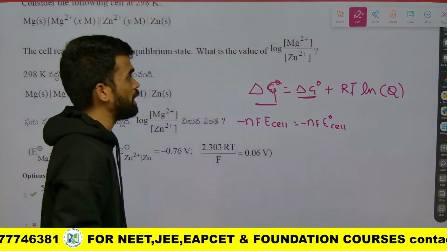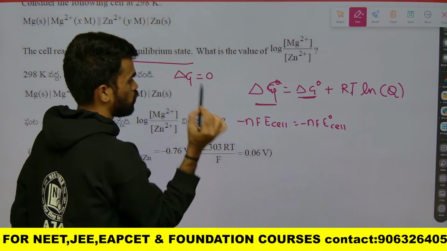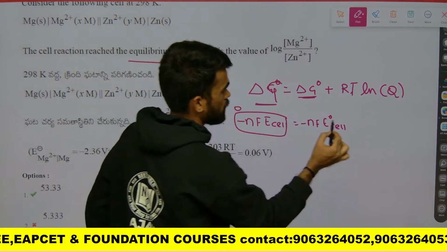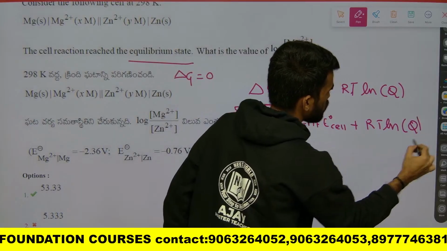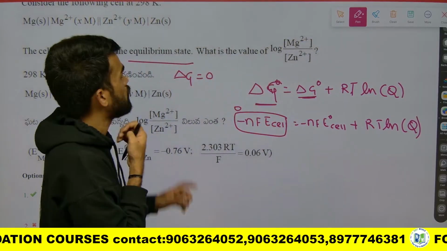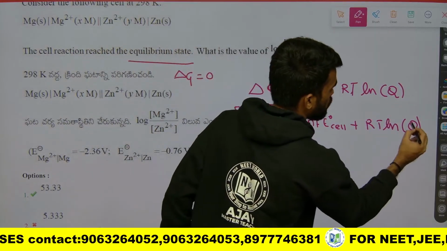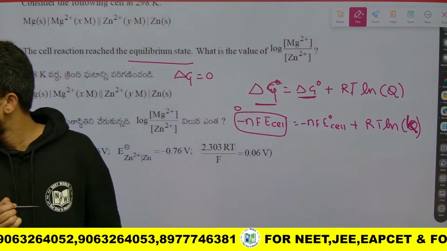Whenever they mention equilibrium, at the equilibrium state ΔG will be 0, so the left side becomes 0, and here we have plus RT ln Q. At equilibrium this Q becomes K, the equilibrium constant. Hope it is clear up to here.